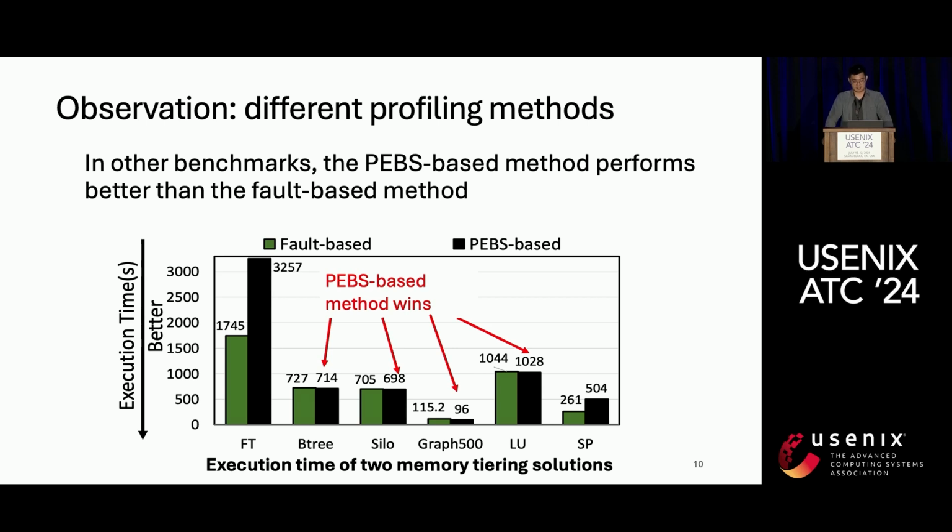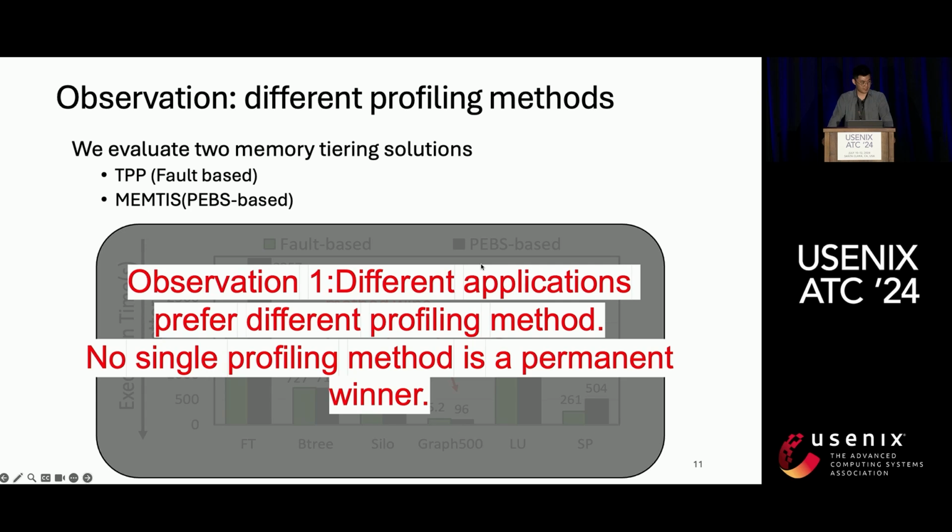These applications do not have quickly changing hot pages. PEBS is a better solution. So we got our first observation. Different applications actually prefer different profiling methods. There is no single profiling method that is a permanent winner.